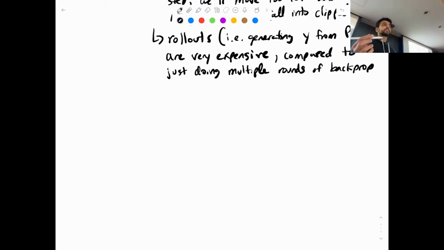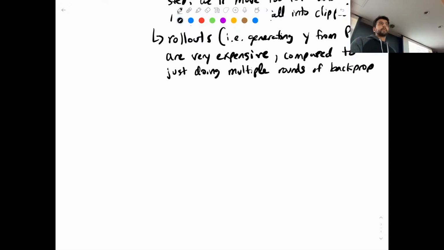Well, think about it this way, we could just take one gradient step on that batch and move on, right? But the idea is that if we take a gradient step, we can then recompute our policy ratios to figure out which tokens we still have some room to increase the probability of, and which ones should we stop updating, right?